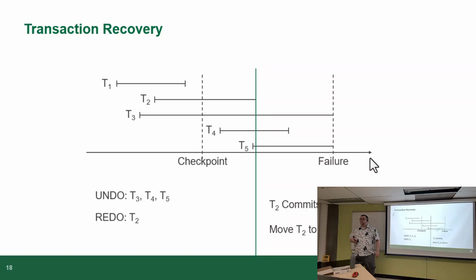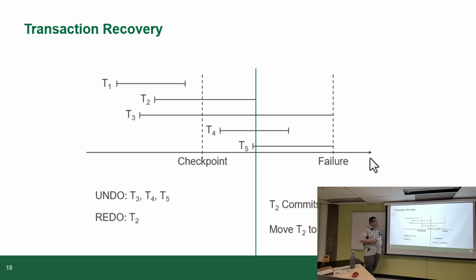It's one of those concepts that's very computer specific. It's hard to come up with a real world example of this. But essentially, transaction 2 is committed. It goes into the redo pile. It's in the redo pile because it hasn't seen a checkpoint yet.